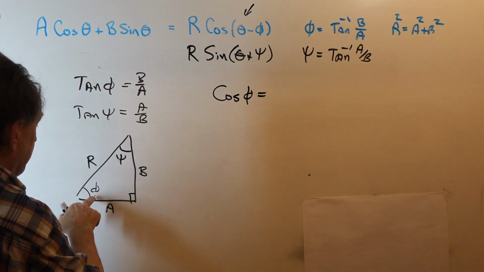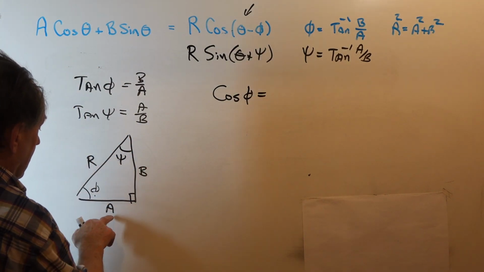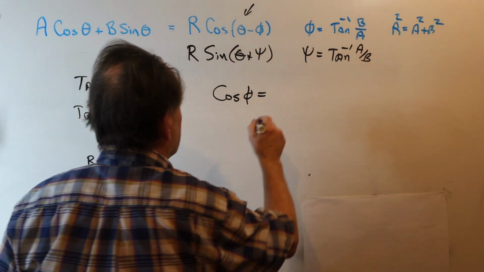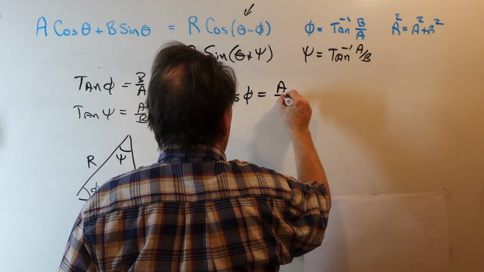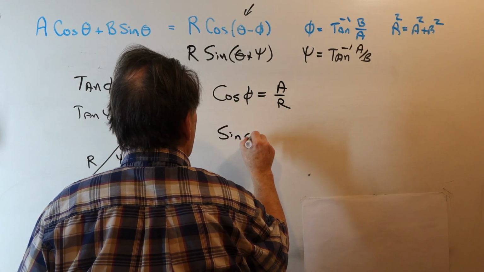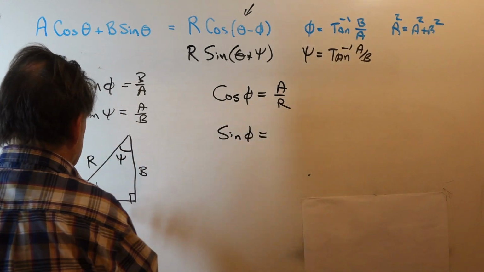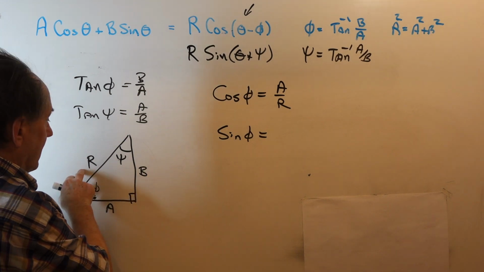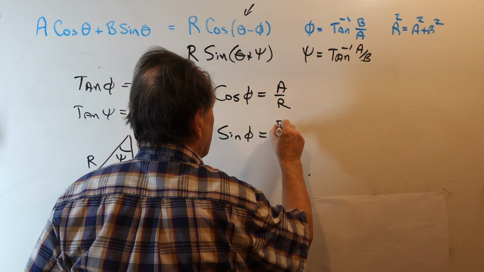The cosine of phi would be A over R, adjacent over hypotenuse. So that's A over R, and the sine of phi is opposite over hypotenuse, or B over R.